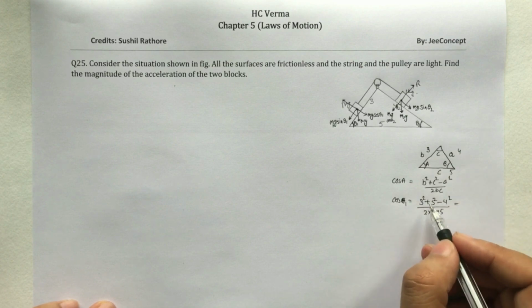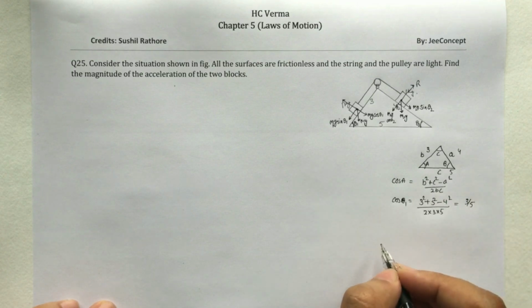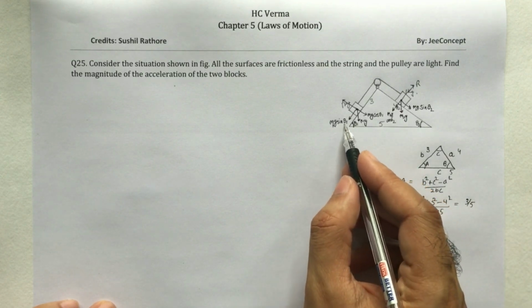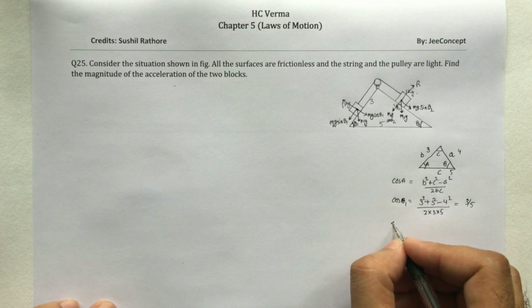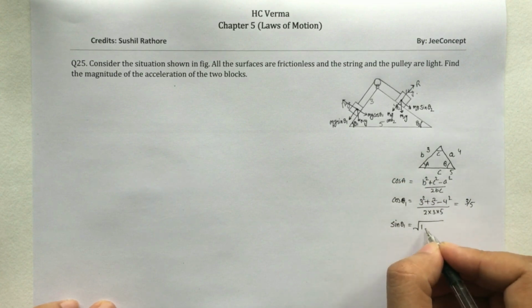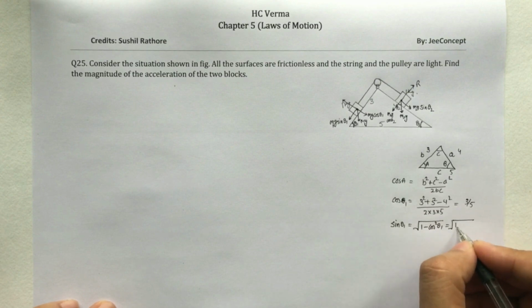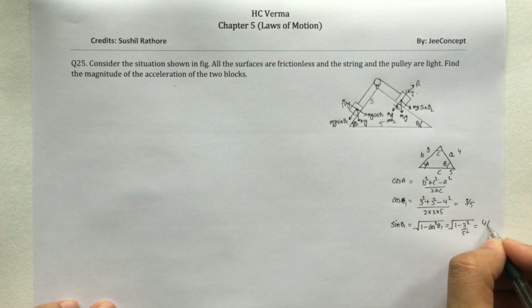If you solve this, it becomes 3 upon 5. Now I have to calculate sine theta 1. Sine theta 1 is under root 1 minus cos square theta 1, so 1 minus 3 square upon 5 square, which becomes 4 upon 5.